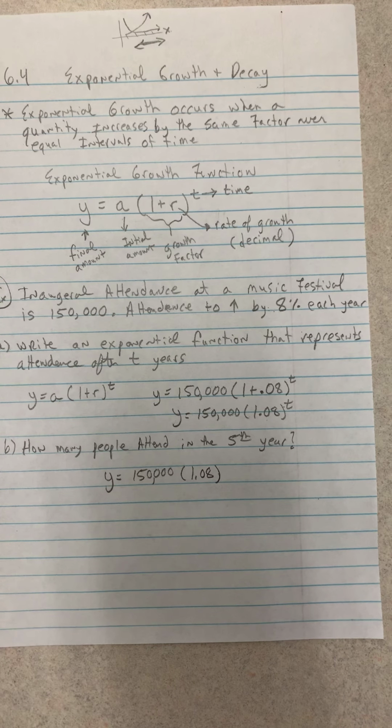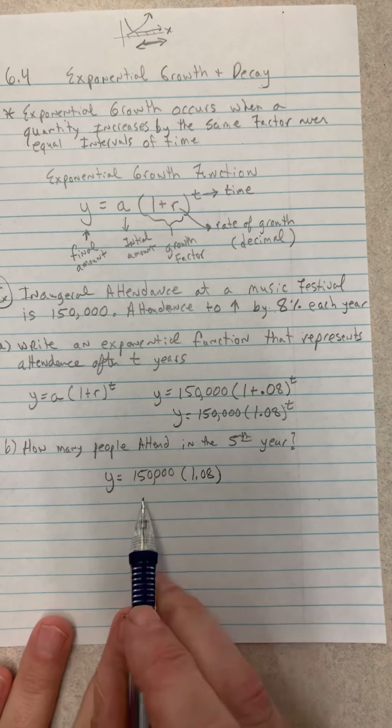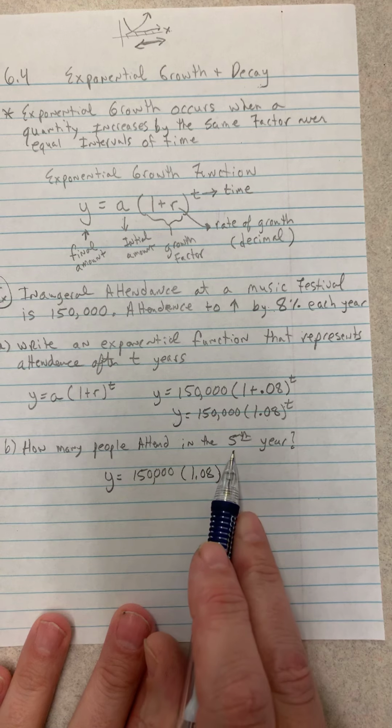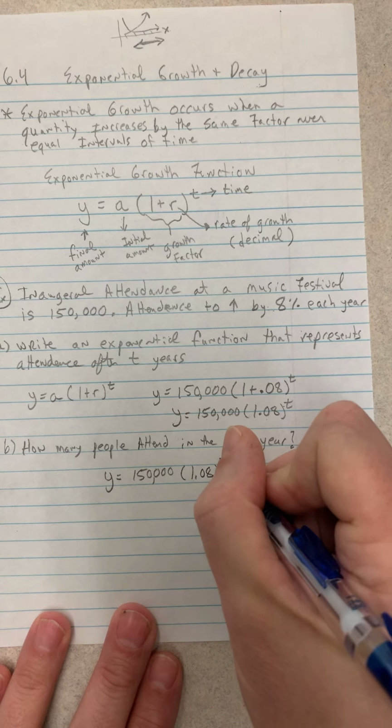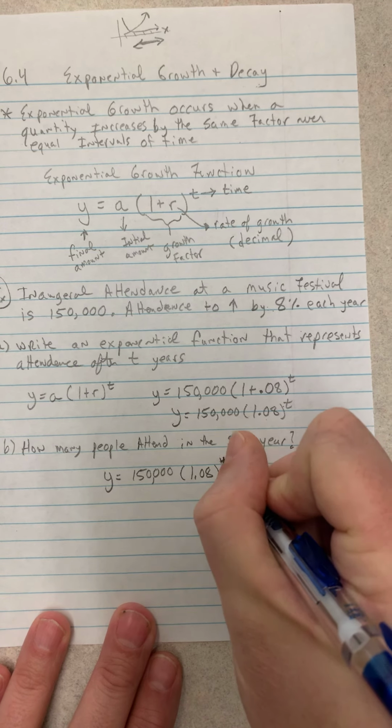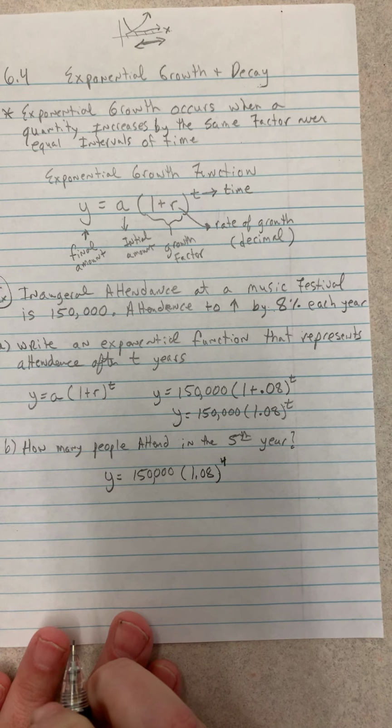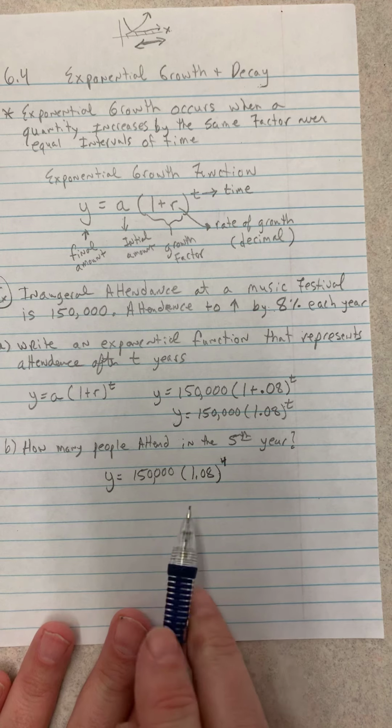Now you got to be careful here. In the 5th year, remember, in the first year there were 150,000, 2, 3, 4, 5. So the amount of time since then is not going to be 5. It is going to be 4. That's what I got to put into my calculator.